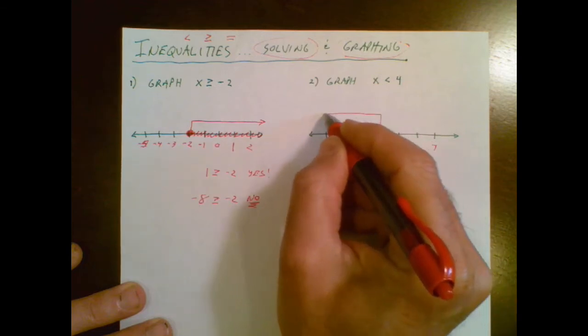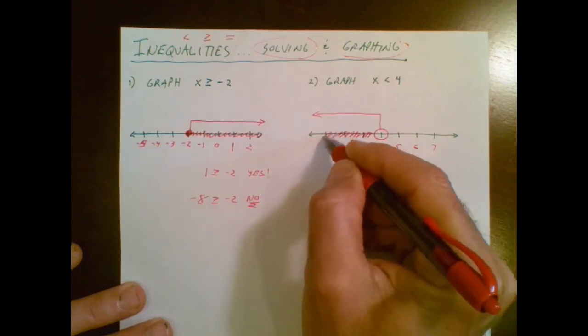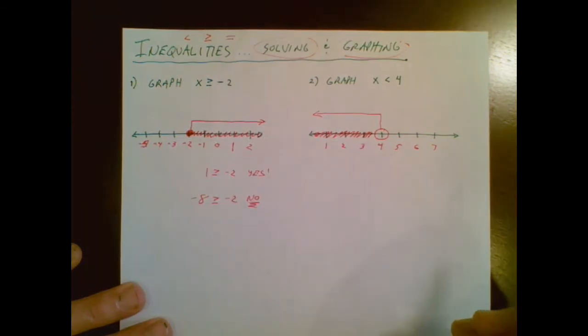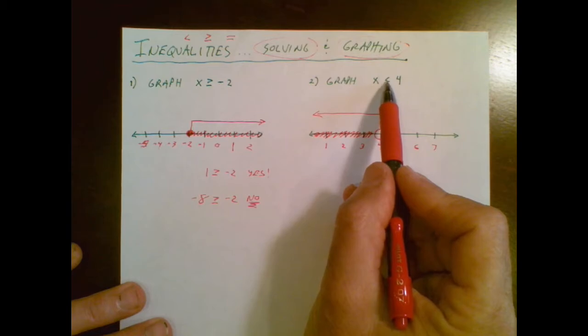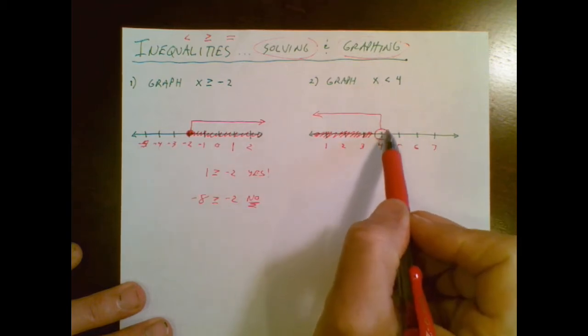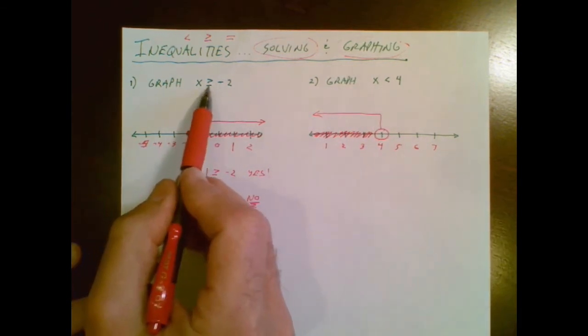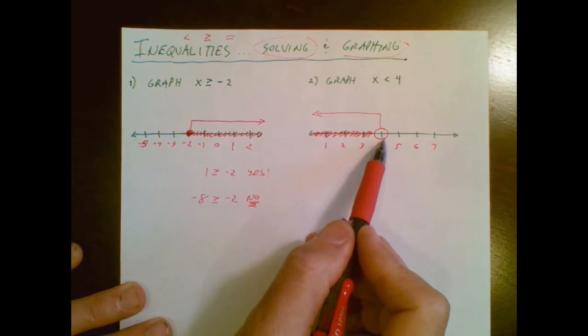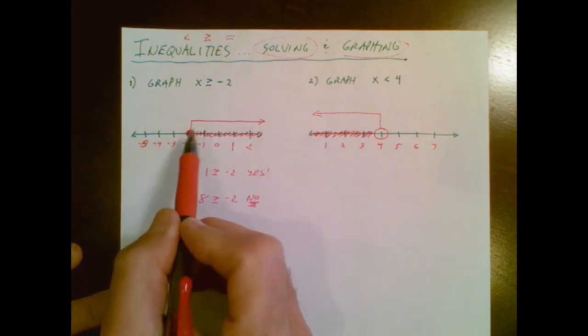Some people would shade like that, whereas other people would shade like that. I'm fine with either of those. And here's the deal. When it's a less than, but it doesn't have the equal sign underneath, then we go open circle. Anytime you don't have the equal sign underneath, it's an open circle. When the equal sign is underneath, it's a closed circle.